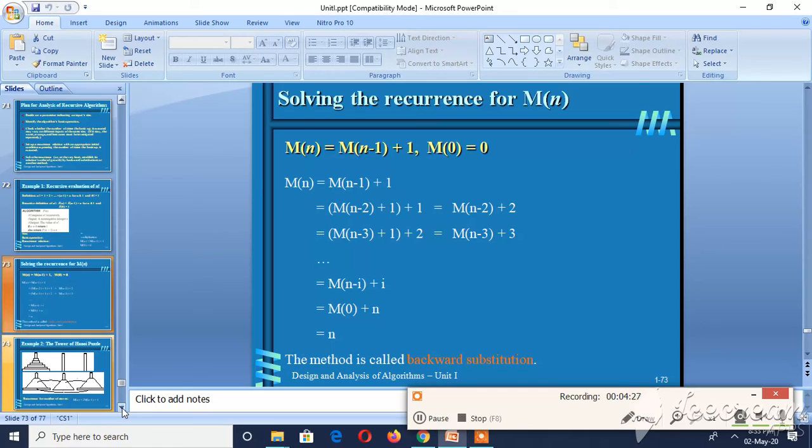After setting up the recurrence relation, you are going to solve it. How do you solve the recurrence relation? By the method of backward substitution. By this method you are going to solve these kinds of problems. So this factorial is the best example for a recurrence relation.